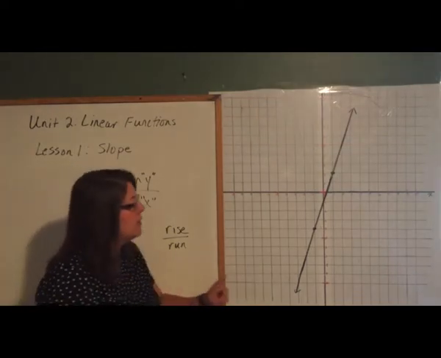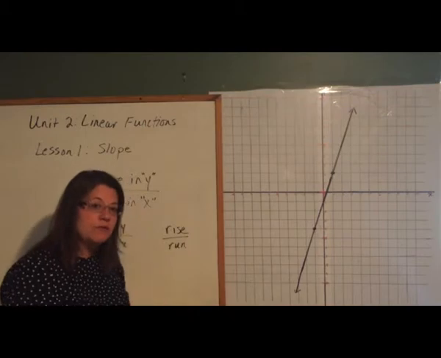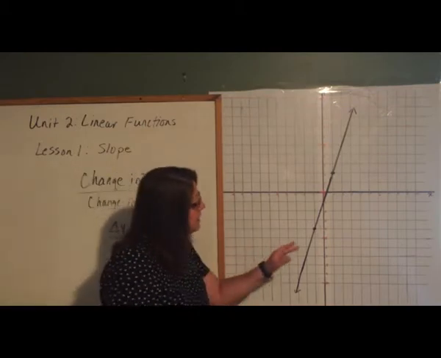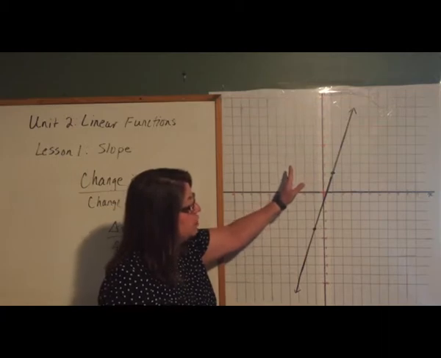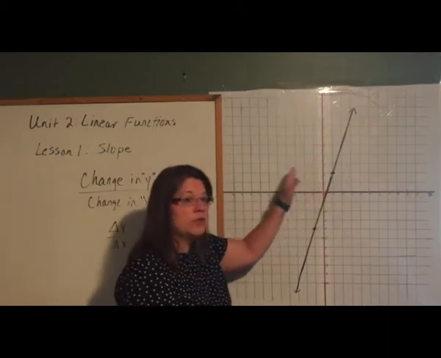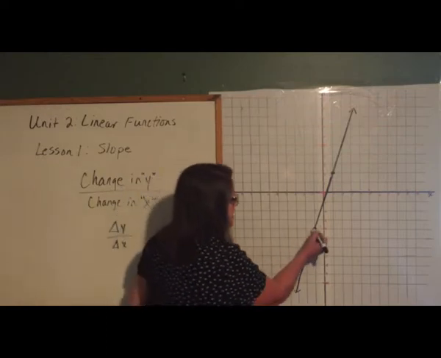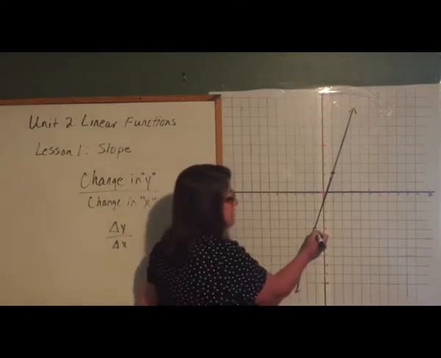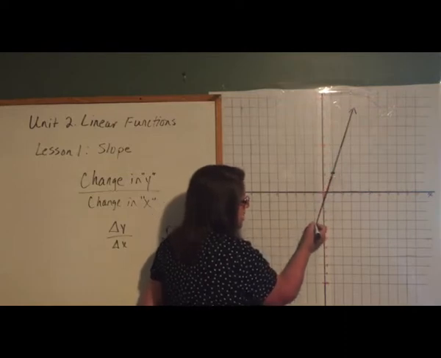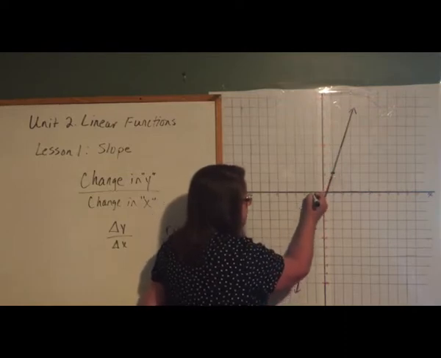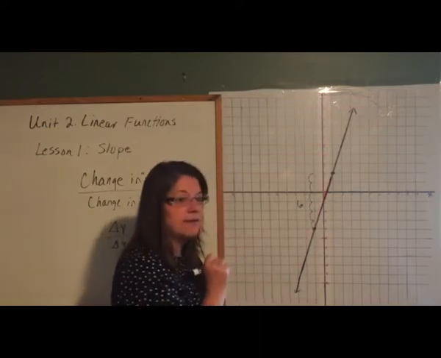Looking at this, I always tell my students to start at the lower point that you've chosen and then count up first, and then you will count right or left, whichever direction the slope is headed. So looking at this point, I'm going to count how many spaces it is until I get up to the second point. So let's do that. I've got 1, 2, 3, 4, 5, 6. So my rise is 6.